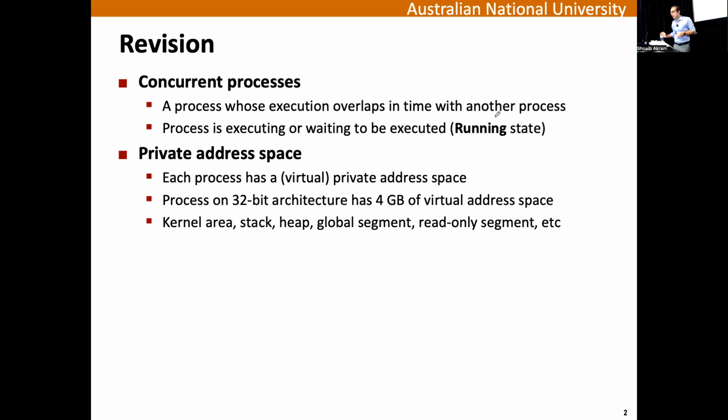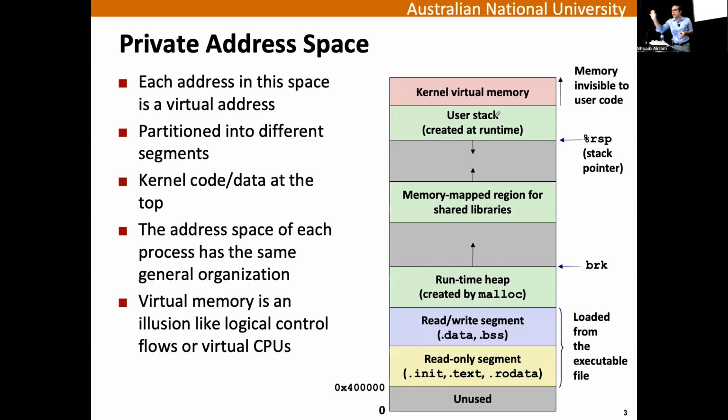All right. So the picture I want you to remember right now is each process has the illusion that it has this address space from 0 at the bottom, at the top 4 GB. The operating system's kernel reserves a portion of the memory at the top. This is where the kernel code and data resides.